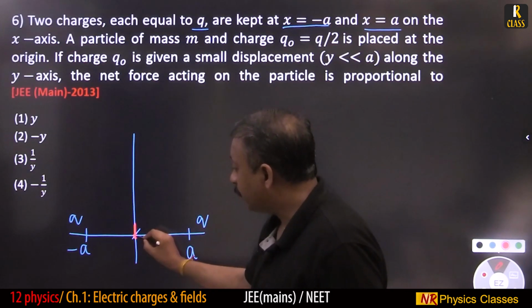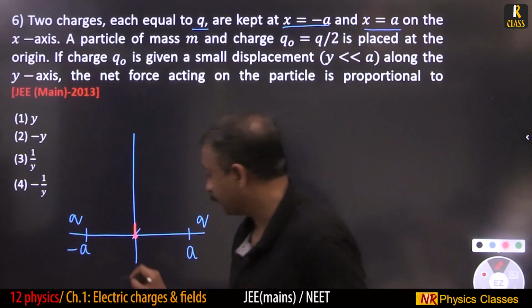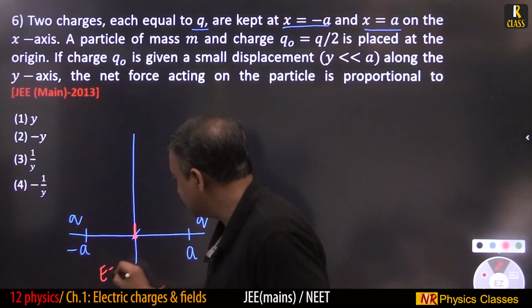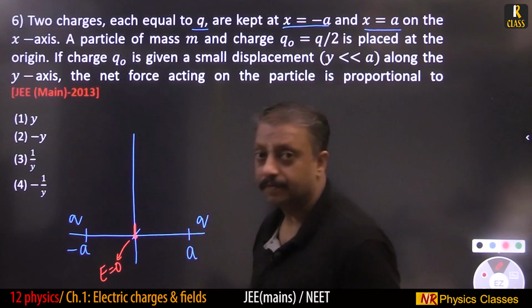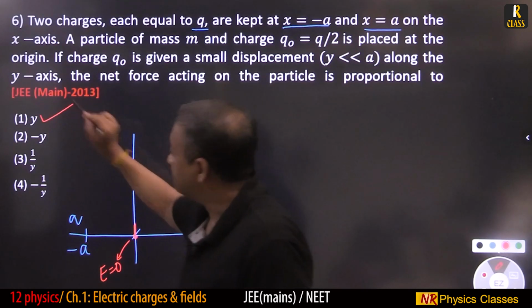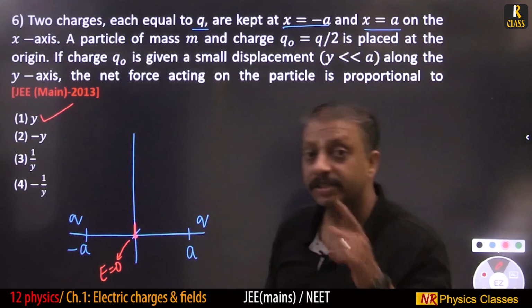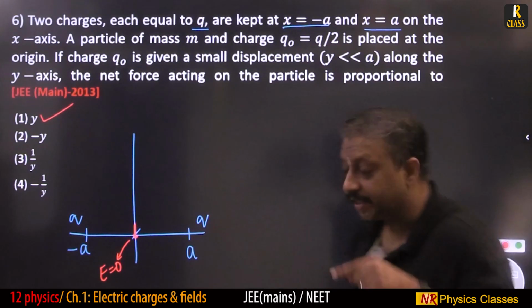See, at this point, because of these two charges, the electric field is 0. Electric field is 0 at this point, right? From there it is displaced. In such cases, force is directly proportional to displacement. So we will be searching for this case.